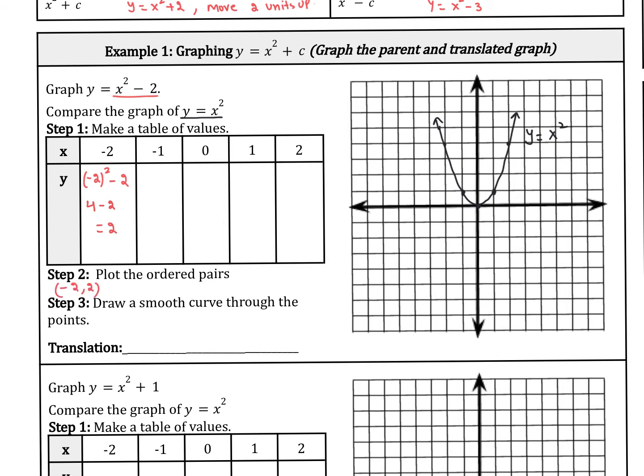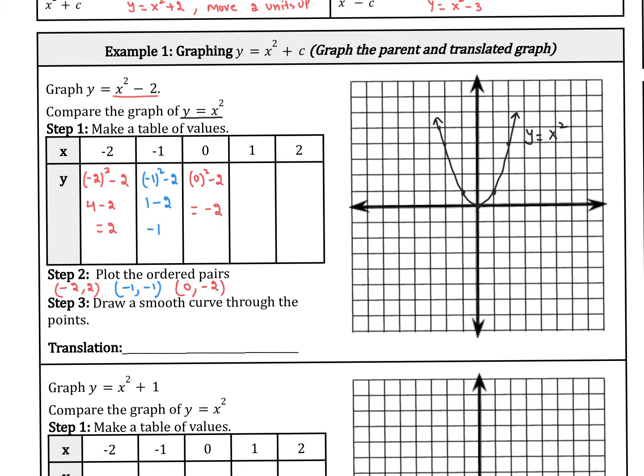Next point is negative 1 squared minus 2, that is 1 minus 2, which is negative 1. So negative 1 comma negative 1. Next, I'm going to use the x value as 0. You get 0 squared minus 2, and that is negative 2. So the point is 0 comma negative 2.